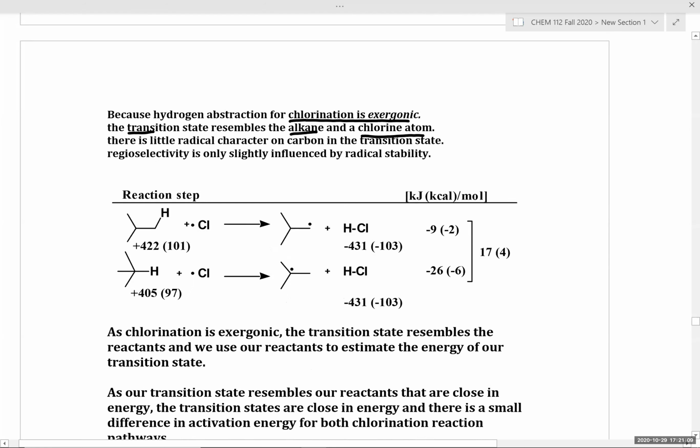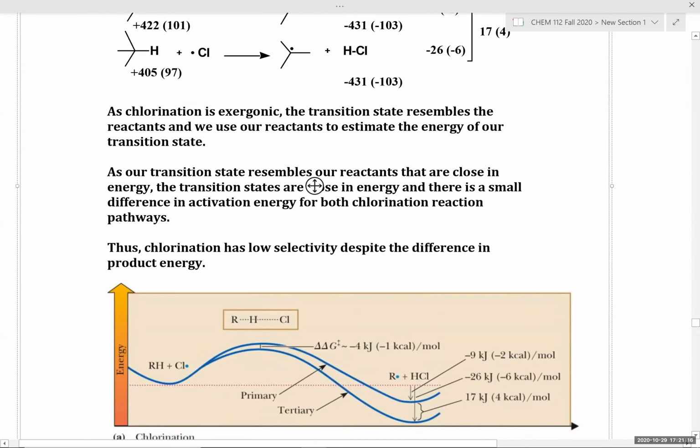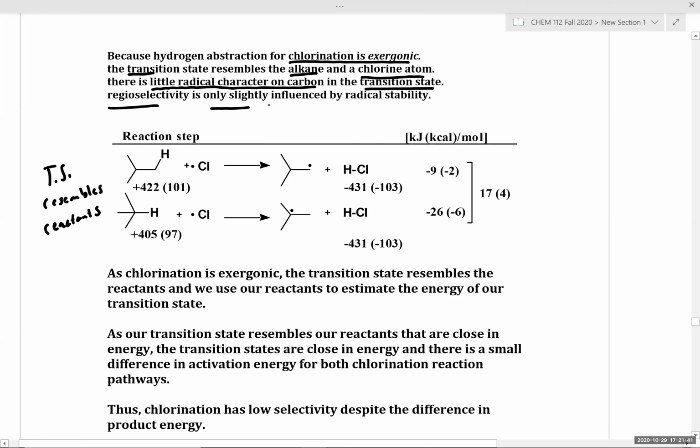If we think about our transition states for these two possible steps, we'll see a diagram of this momentarily. The transition state resembles our reactants, and there is little radical character on the carbon in the transition state. So in turn, the regioselectivity is only slightly influenced by radical stability.